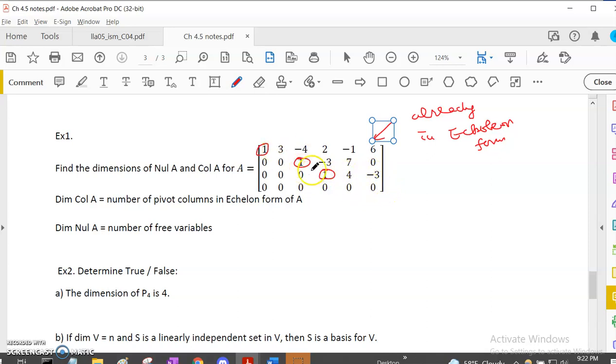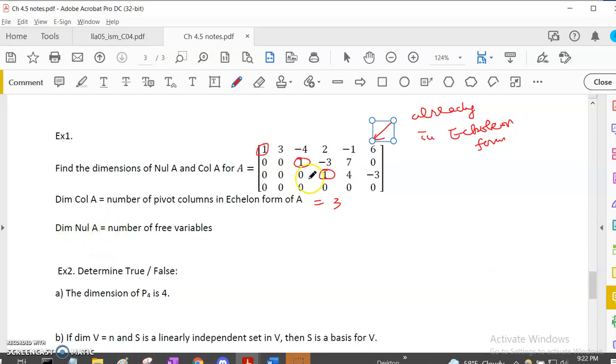Nothing. So I have 3 prefix columns, so that is equal to 3. So this is the dimension of column A. If this is A, then these 3 columns would be the basis. But if this is a REF, you need to go back to the original one to find the prefix columns.